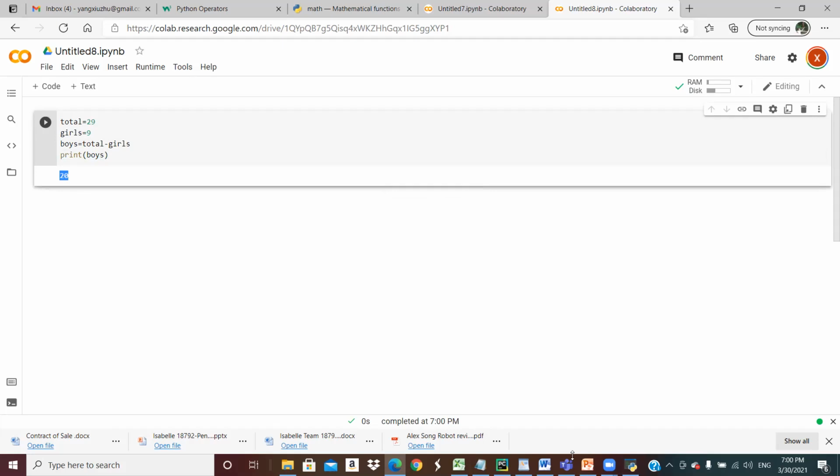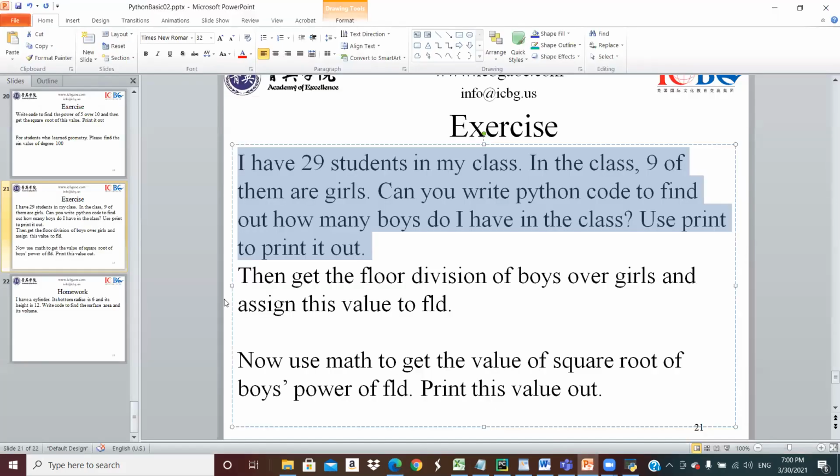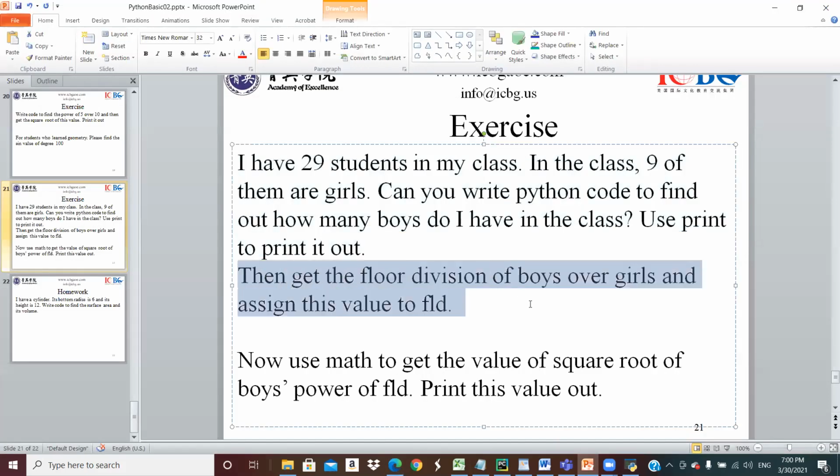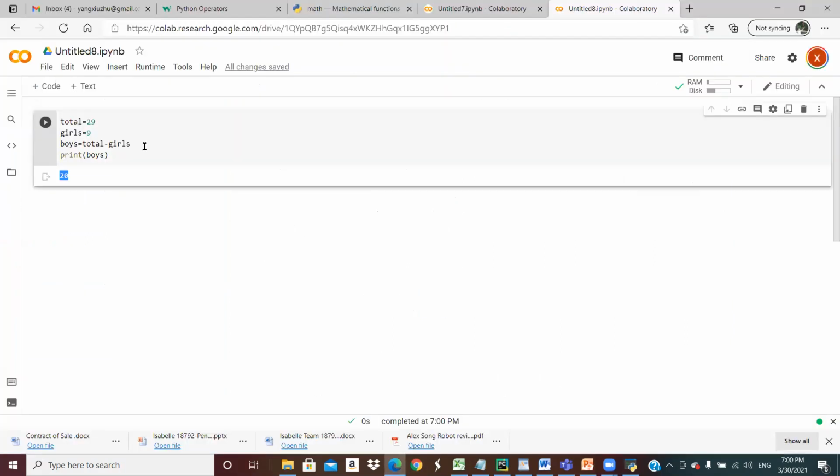All right, so let me show you the next question. Get the floor division of boys over girls and assign this value to this variable. Floor division, boys over girls. So how do I do it? I'll come here, okay?